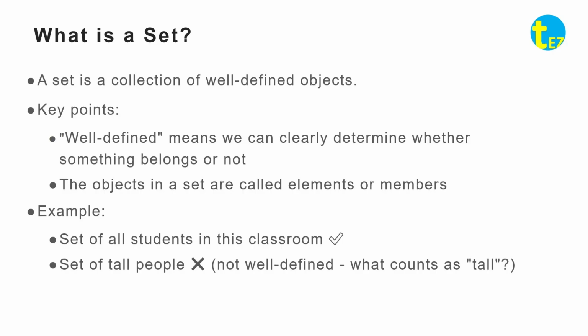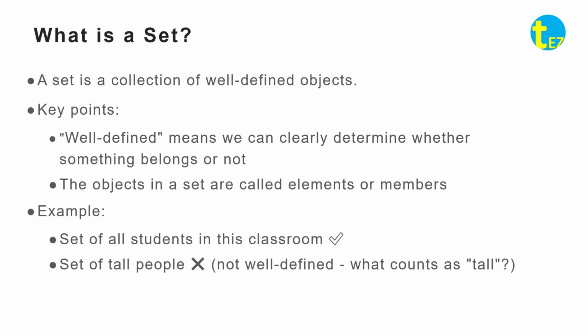Let me give you an example to make this concept clear. If I say the set of all students in the classroom, that is well defined. We know exactly who is in this classroom, and we can say without any doubt who belongs and who doesn't belong here. But if I say the set of all tall people, that's not well defined.